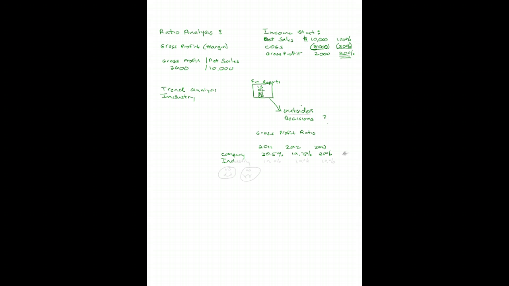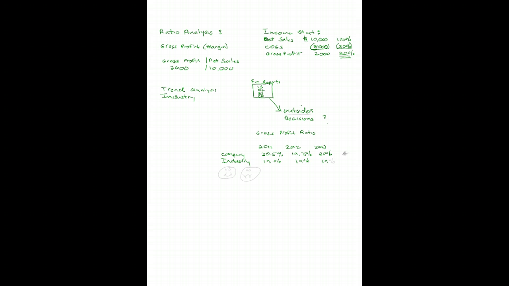A more telling story would be how it would compare to the industry. So you could get industry averages from a bunch of different places, easily found. If you go to a library, go online. Let's say industry averages are running around 19%. Add a little consistency to them.